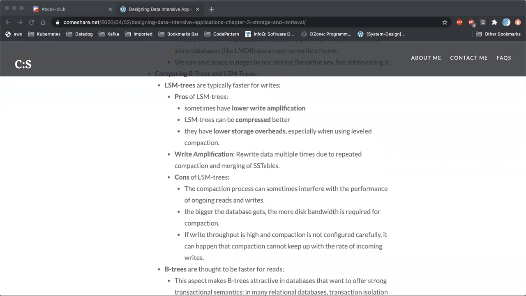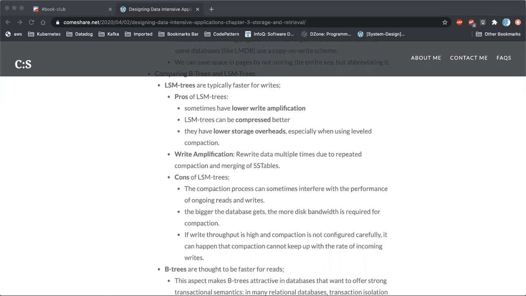That makes sense because in LSM trees, every time you want to read, you have to read it in the in-memory index, and then again you have to go and check in all the segments until you find it, from the latest to the oldest. But writes are pretty fast because you don't care about finding the exact key to update it. You just append to it, and compaction happens at the back end.